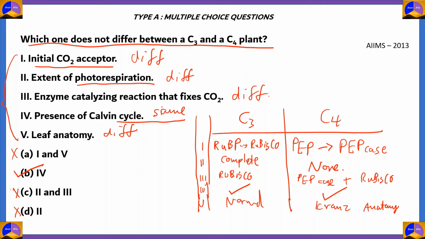Option D says that 2 does not differ, but the extent of photorespiration varies, and it changes very contrastingly between C3 and C4. C3 has the extent of photorespiration completely, while C4 does not have any trace of photorespiration. So therefore, option B, which is statement number 4, it does not differ between C3 and C4, is the right option.